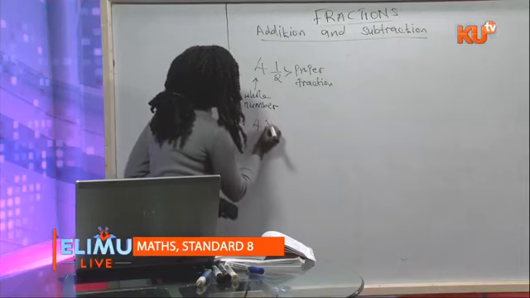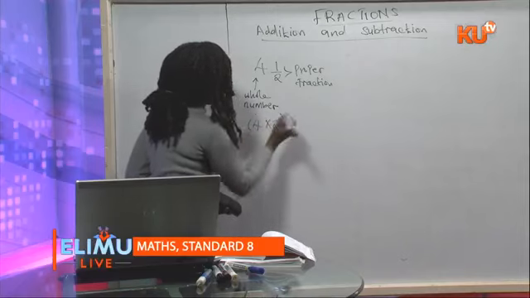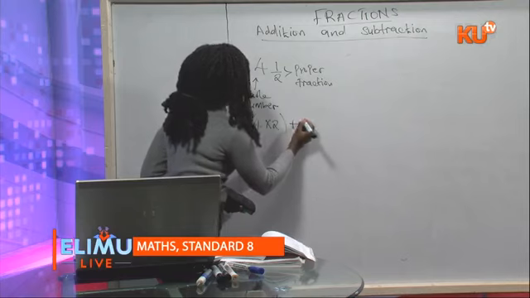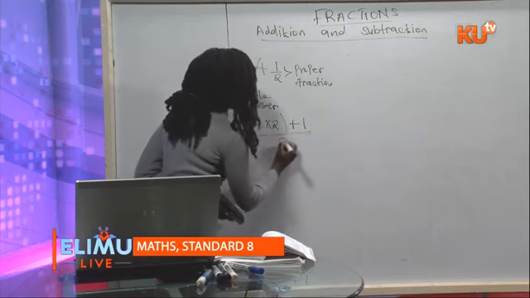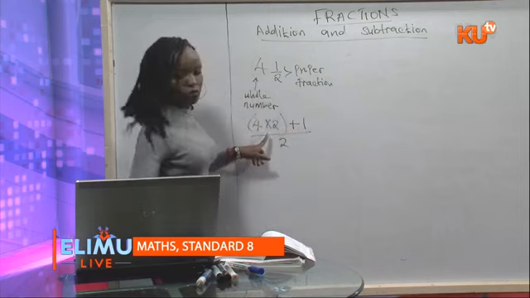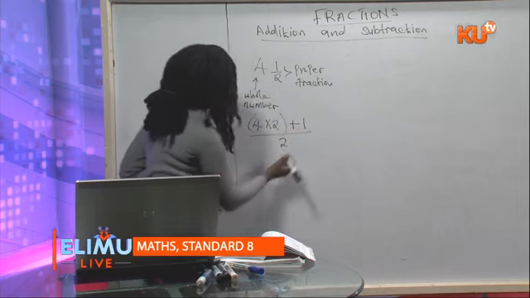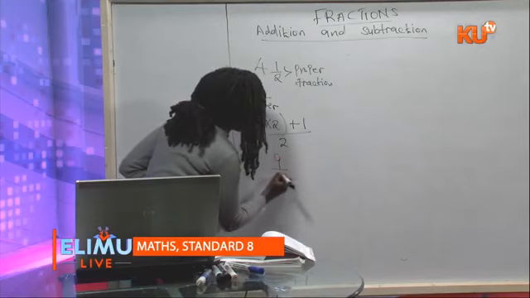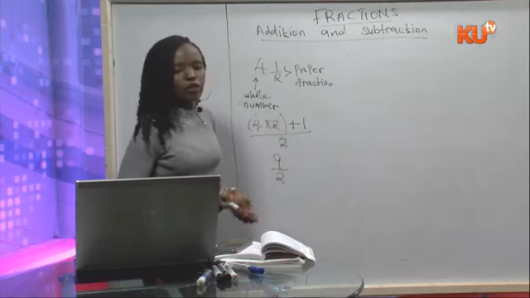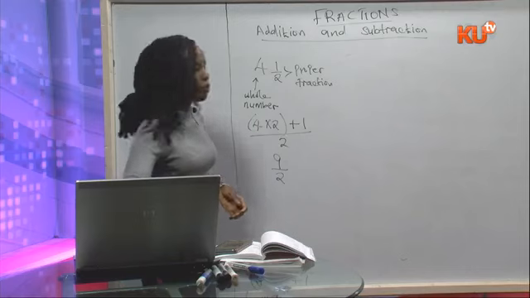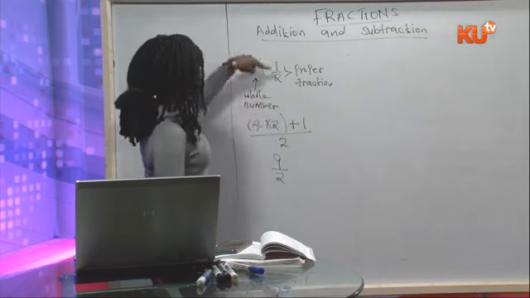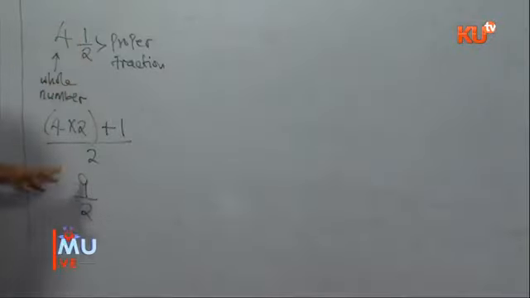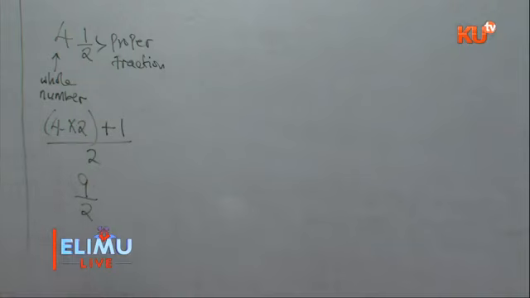It is 4 times 2, which is 8. 8 plus 1, we get 9 over 2. So that's how we change mixed fractions to improper fractions. The whole number times the denominator, the answer you get plus the numerator, then the final answer you put over the denominator.